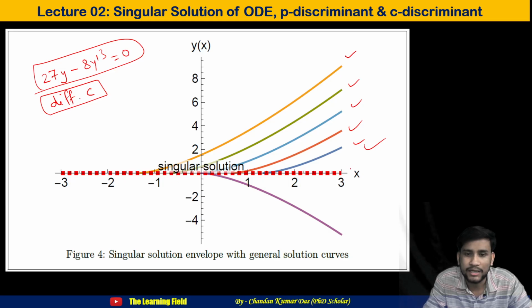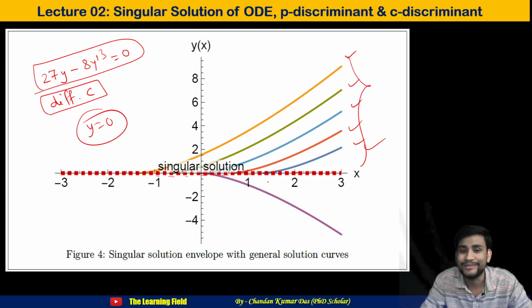These red dots are the singular points, the envelope of the family of curves. These are the family of curves that touch at that point, that is the origin. We already got y equal to 0, which is the x-axis, our singular solution curve.